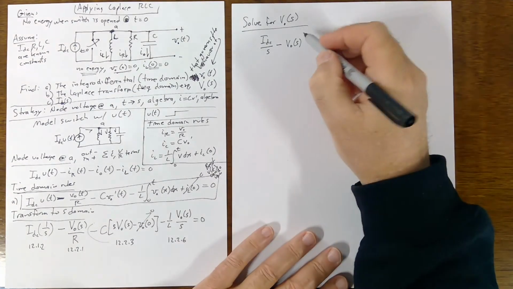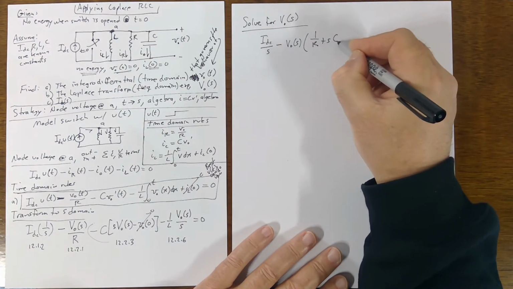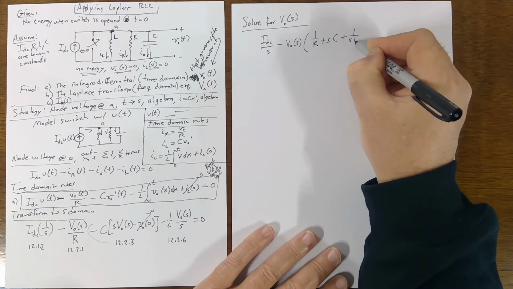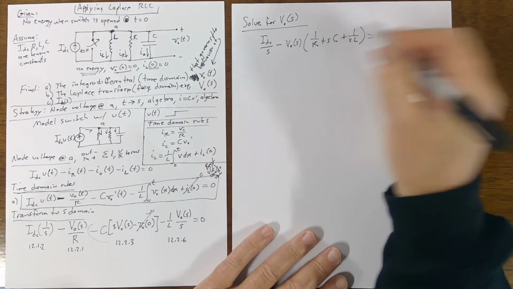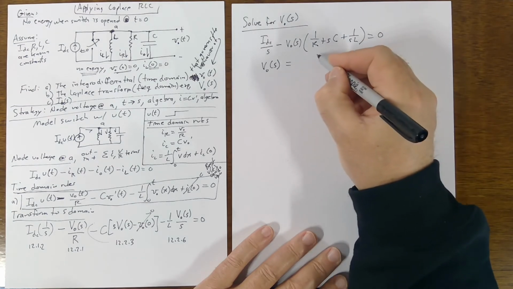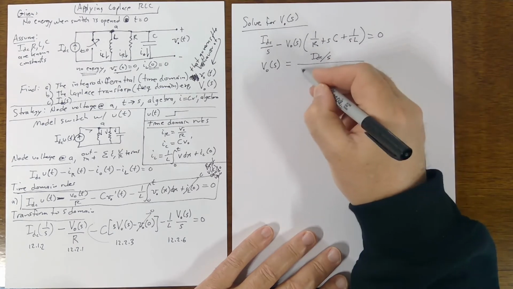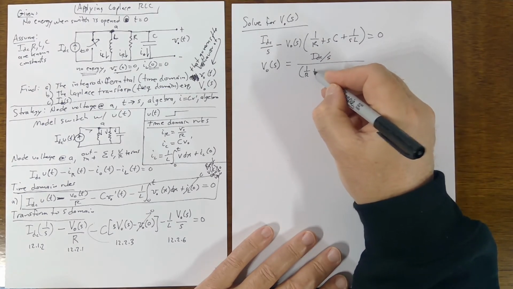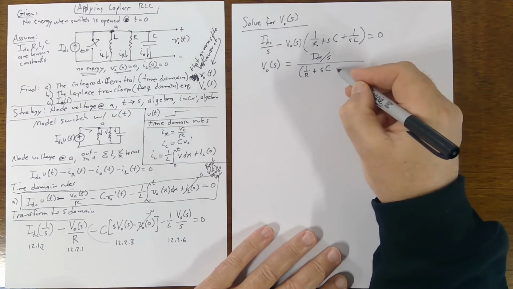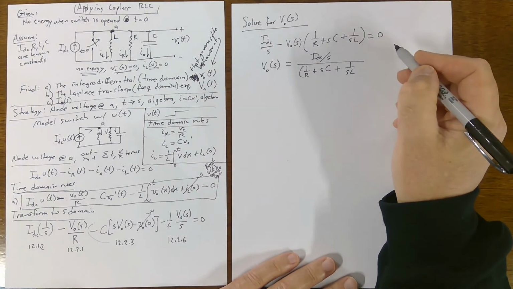You're pulling the V0s out of all that, so you end up with 1 over R plus SC plus 1 over SL equals 0. So V0 of S is IDC over S over this thing, 1 over R plus SC plus 1 over SL.